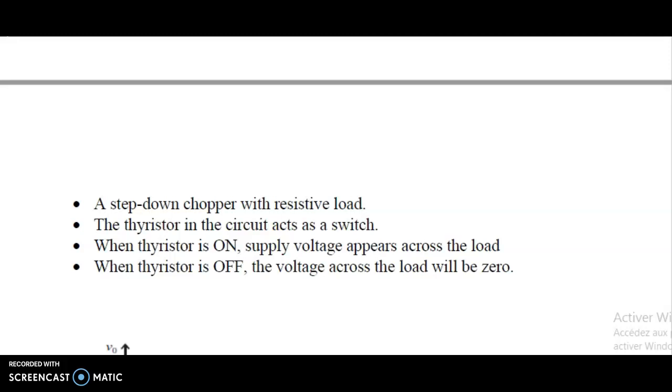When the thyristor is on, supply voltage appears across the load, which means V is equal to V naught in this case. Then when it's off, V naught is equal to 0. So we have a situation like this. Let me just put a small sketch here.